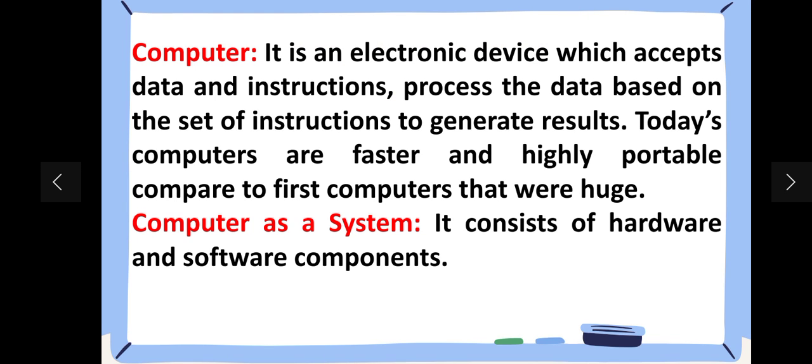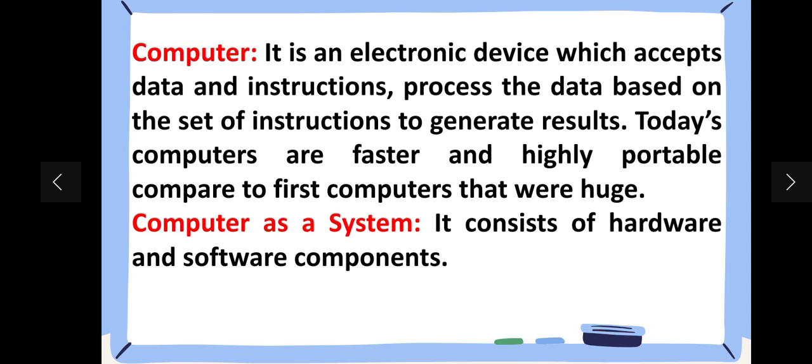A computer is an electronic device which accepts data and instructions, processes the data based on the set of instructions to generate results. So we've established the definition of a computer system in our previous lessons. A computer is an electronic device because it uses electricity.